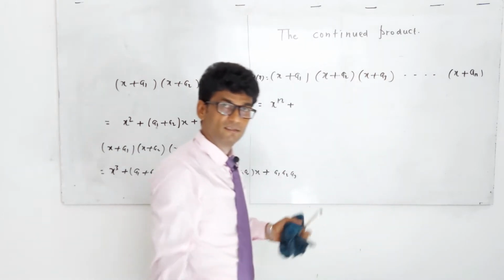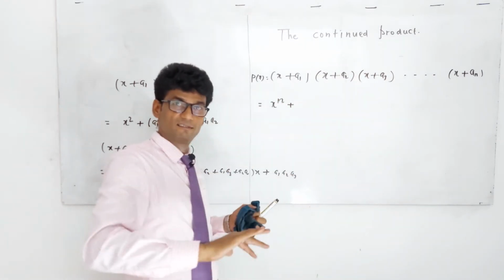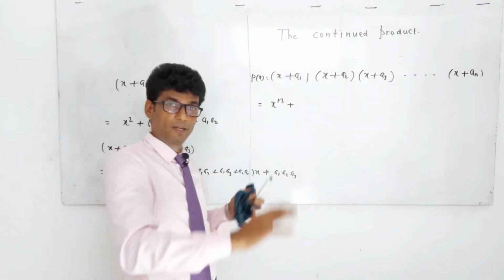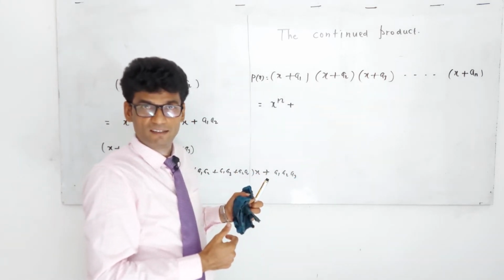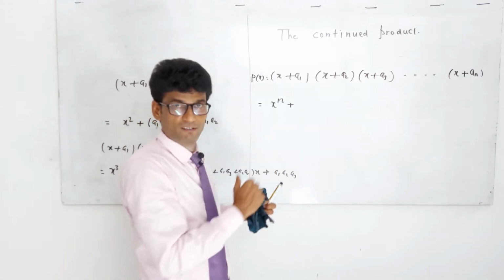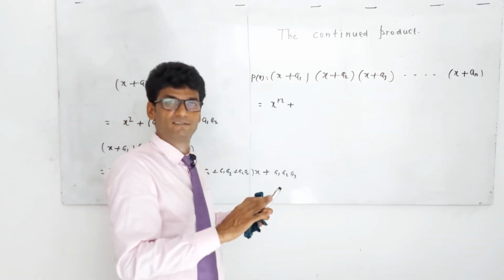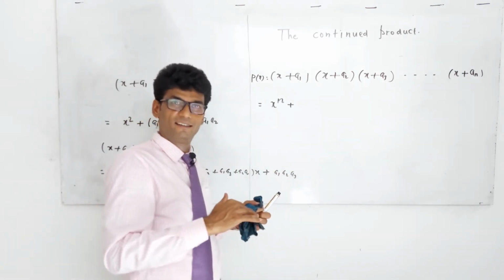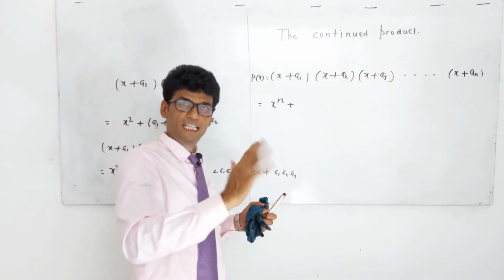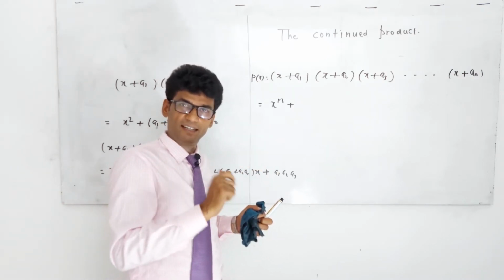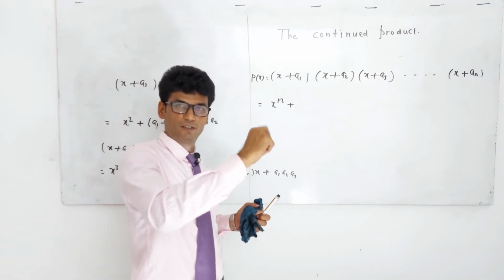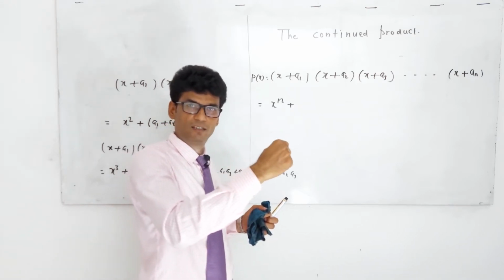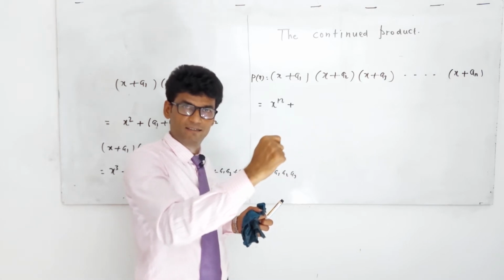In that manner we have to consider many possibilities and then multiply x n minus 1 times, and then one of the numbers from a1, a2, a3, dot dot dot, an.